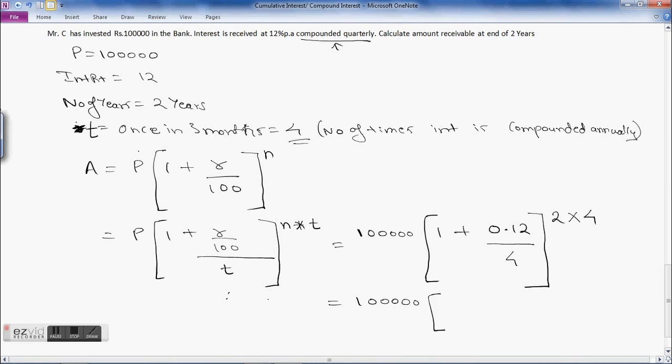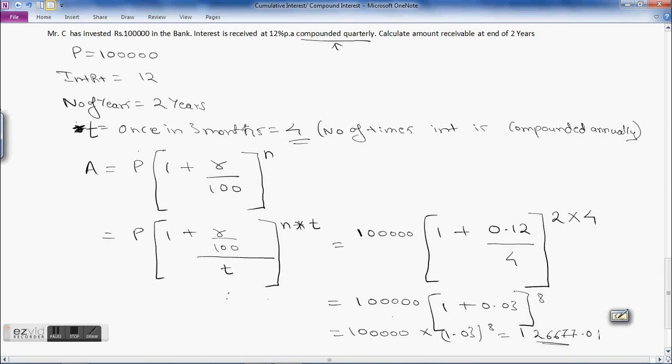So this comes to 1 lakh into 1 plus 0.03 the whole raised to 8, correct? That is 1 lakh into 1.03 the whole raised to 8, that is nothing but 126,677.01.